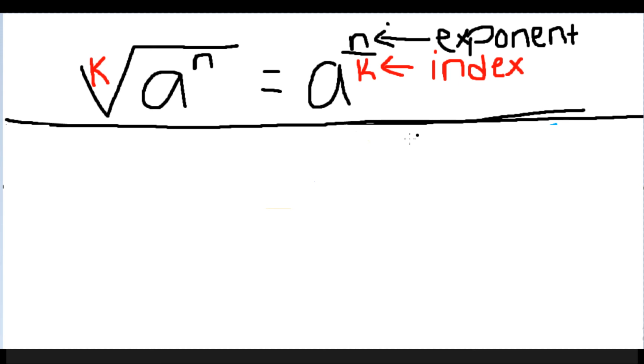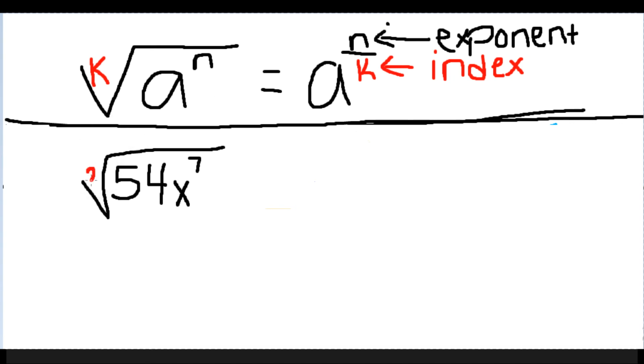So let's look at the square root of 54x to the 7th, okay? The square root. So remember, when we have a square root, you guys, it's like we have that invisible 2 out there, okay? And again, actually, I'm going to use a different color for this, so we can break it into pieces. So I'm just going to rewrite this in blue.